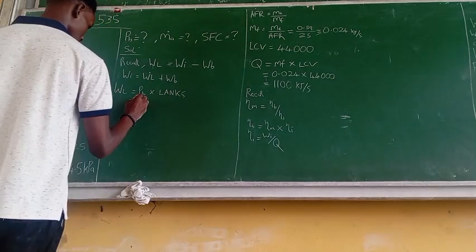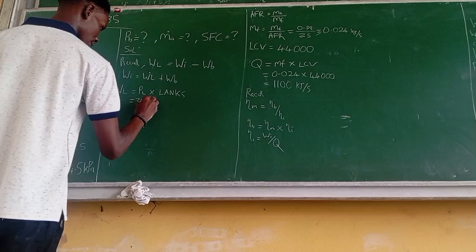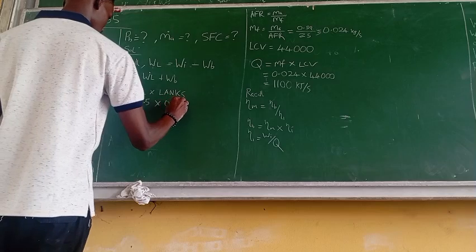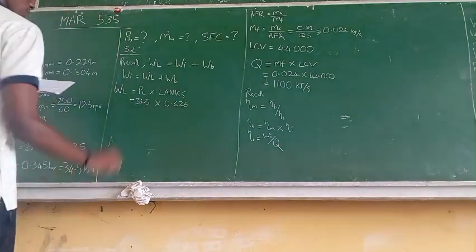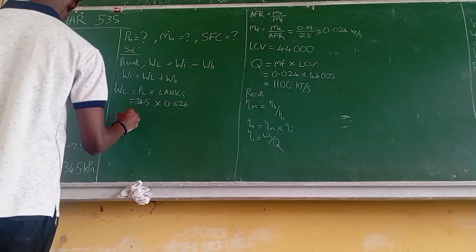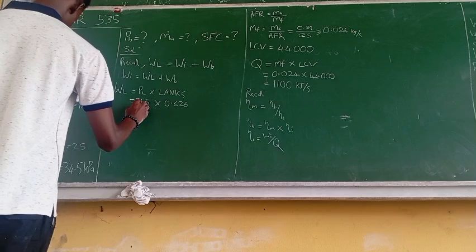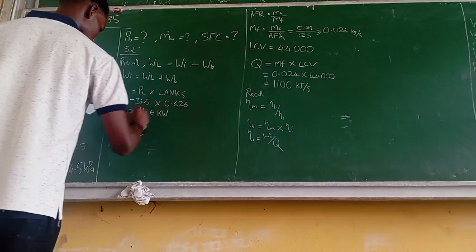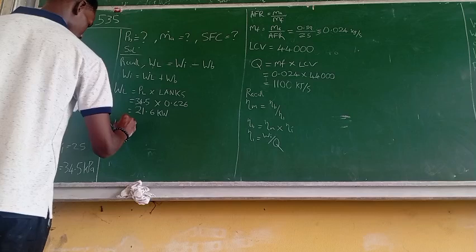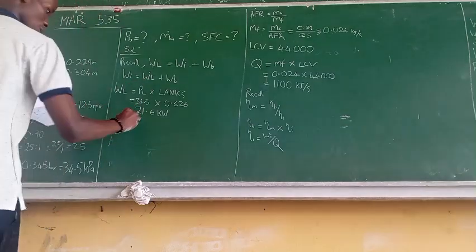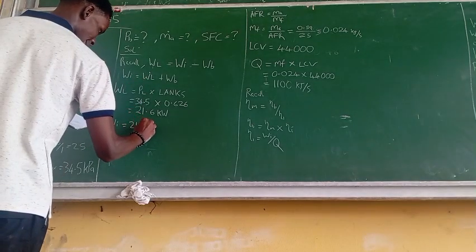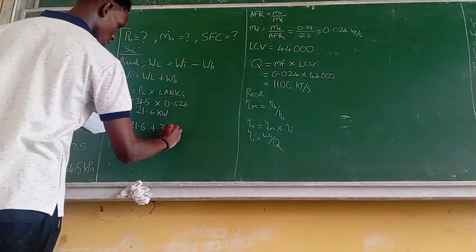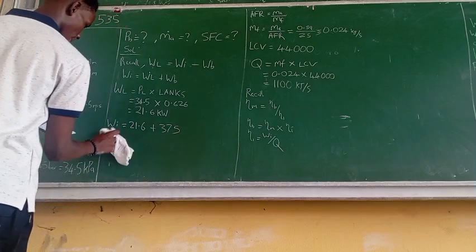That is, your PL is 34.5 times the amount that you've already solved for before, which was 0.06. You now see that your WL is 21.6 kilowatts. Your indicated power is your losses, 21.6 kilowatts, plus your brake power, 370.